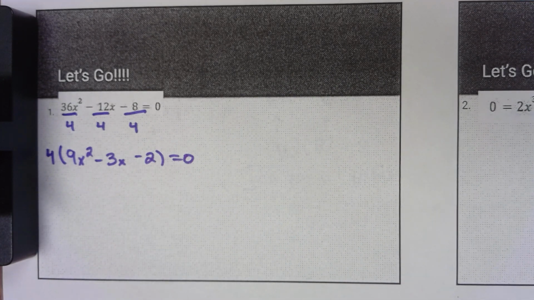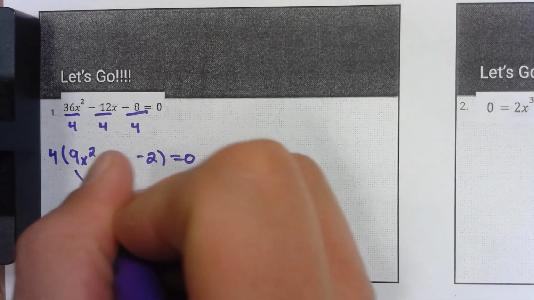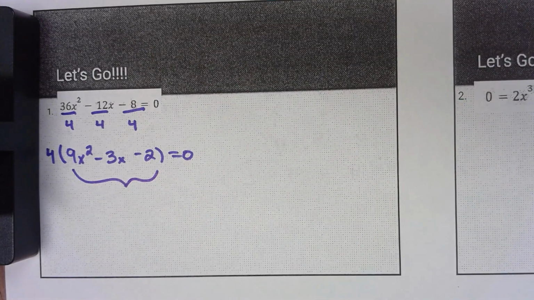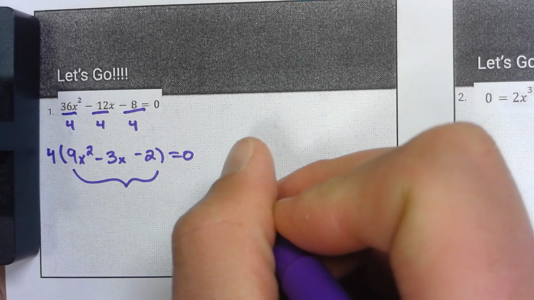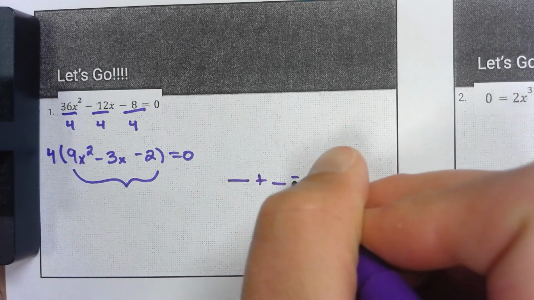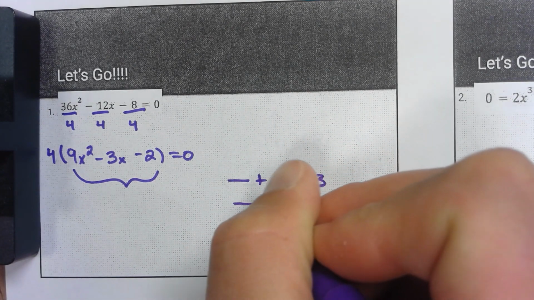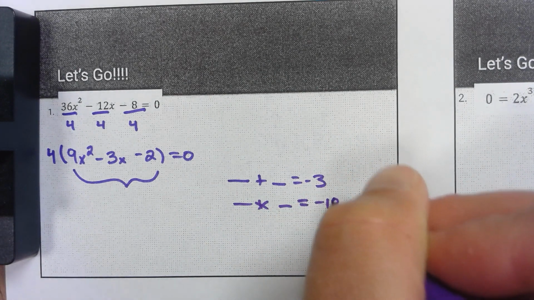Now I'm going to factor the quadratic part. The 4, or the GCF, does not go away, and we'll talk about how that might affect our solutions once we're done with the factoring part here. So now I need to find two numbers that add to -3 and multiply to -18.